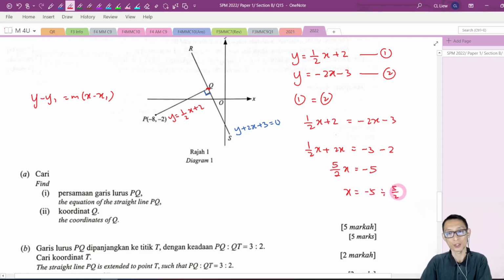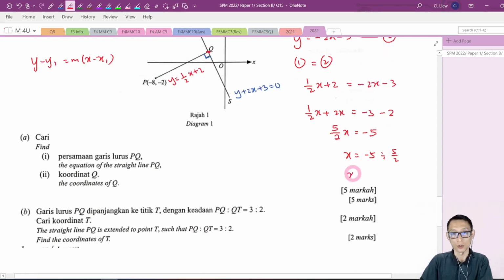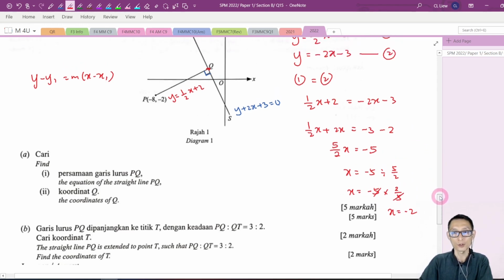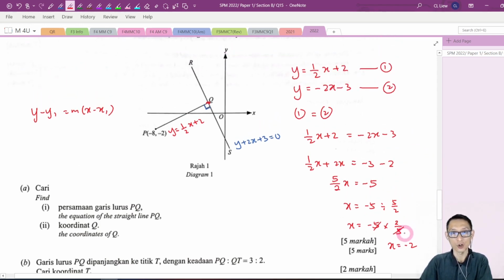You can press your calculator. Or if you want to change to multiply, then you have to flip the numerator and denominator. Okay, x is equal to negative 2. Once you get the x coordinate, you can bring it into this or this one, totally up to you. Then you will be able to get the y coordinate when x is equal to negative 2.